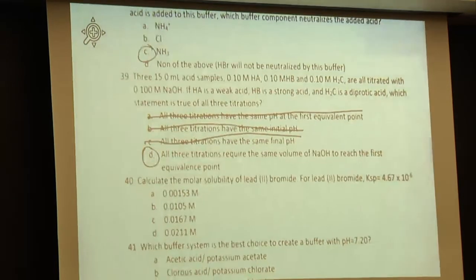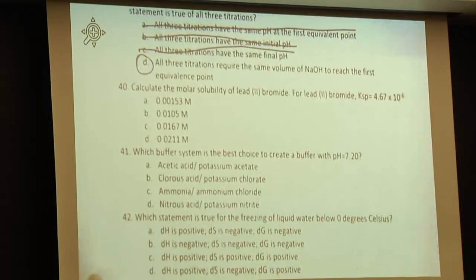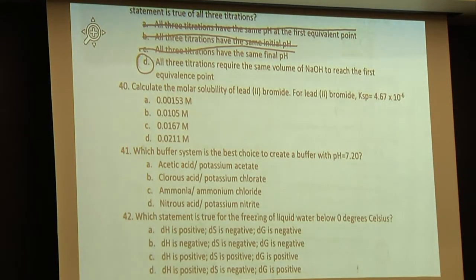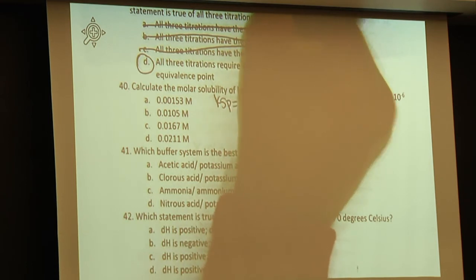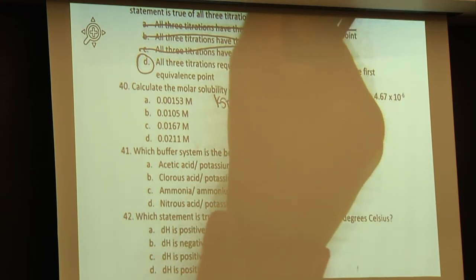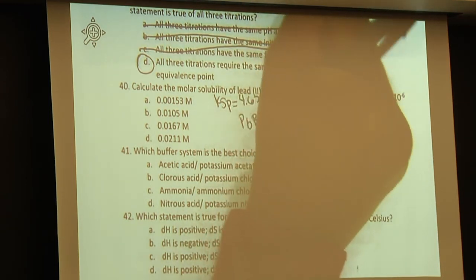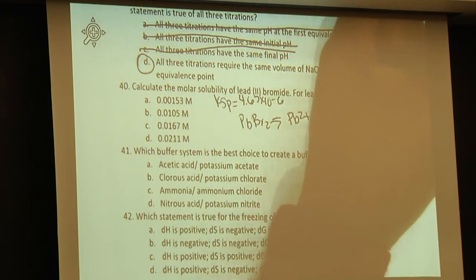Number 40, you want to calculate the molar solubility of lead(II) bromide. I'm just going to do this very quickly so we can get through harder problems. So you have Ksp equals that value. PbBr2 at equilibrium would create Pb2+ and 2Br-.